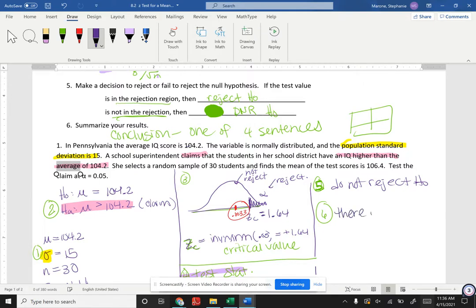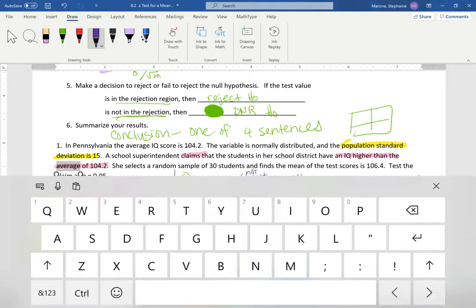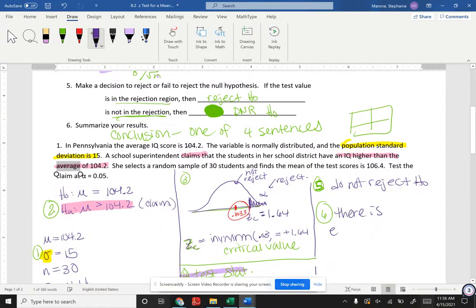There is, I'm just going to leave a little space just in case, enough evidence to blank the claim. Those 2 lines are always going to be filled in. Or it might be not.